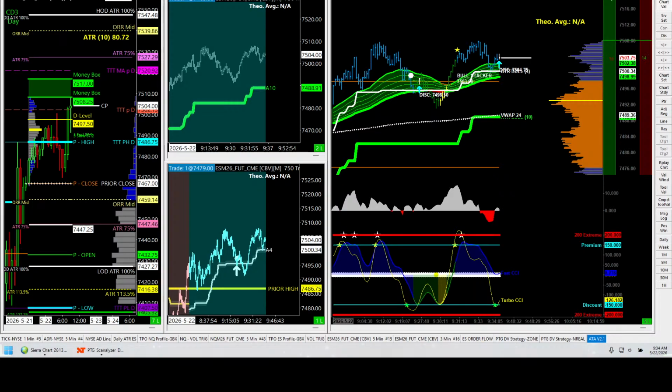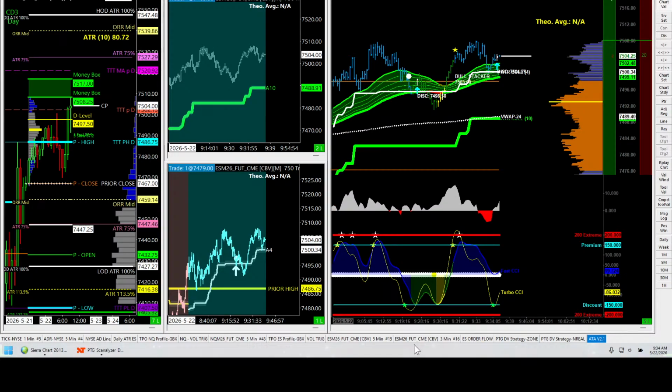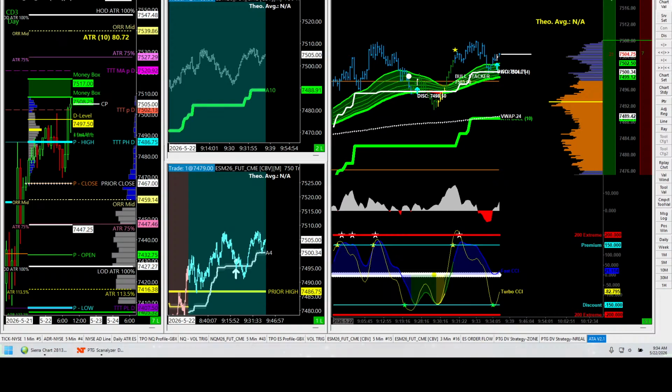I'll coin the phrase that Danny Riley over at Mr. Top Step says often: the boys with the better seats. In other words, those that have more information, the boys with the better seats.